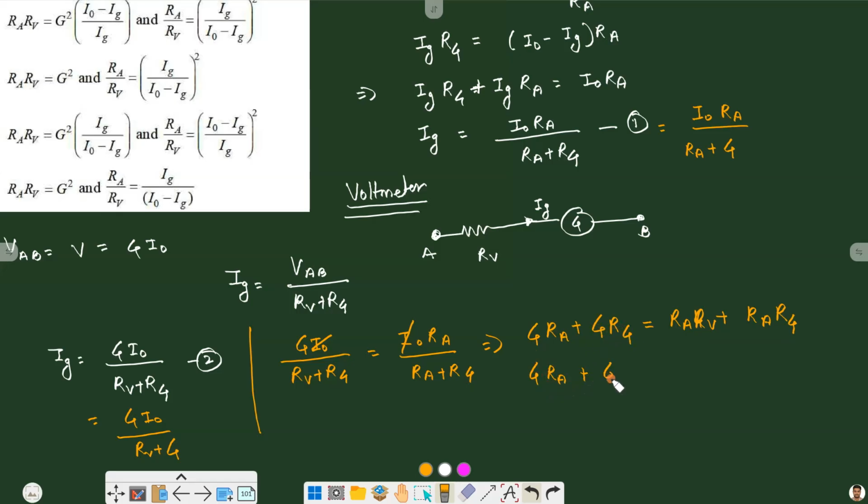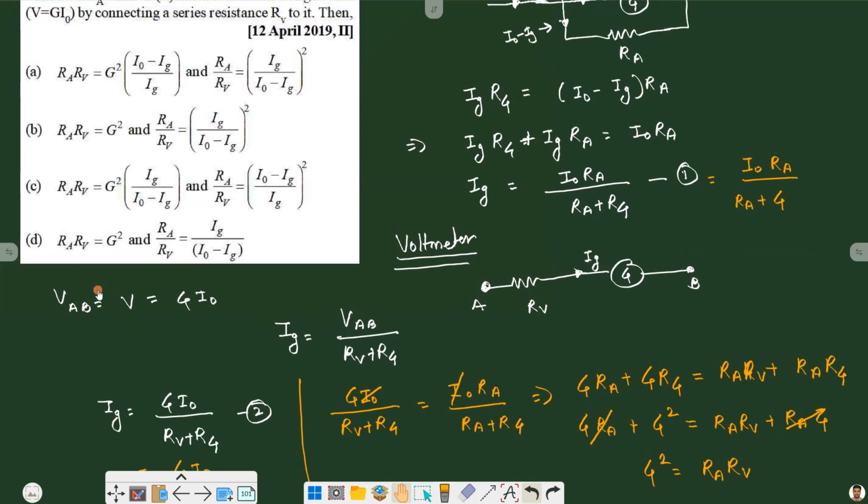Rg is equal to G, so it will be G square is equal to Ra Rv plus Ra into Rg, so Ra into G. So G Ra gets cancelled, and we have a relation that G square is equal to Ra Rv. So let's compare, and we can see from here that G square is equal to Ra Rv, and in option B we are getting this relation, means option A is cancelled and option C is cancelled.